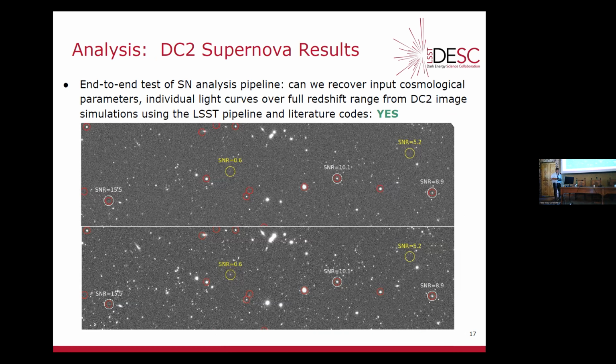For the transient sky, this is the DC2 supernova result, which is an end-to-end test of the supernovae analysis pipeline. The question was, can we recover input cosmological parameters and individual light curves over the full redshift range from DC2 image simulations using the LSST pipeline and literature codes? And the answer is yes.